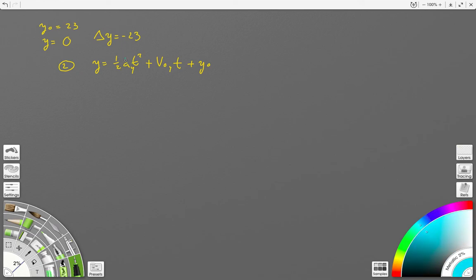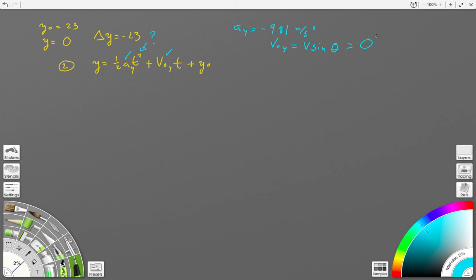We have a in the y direction because we know that ay is equal to minus 9.81 meters per second squared. We don't have t. T is an unknown. V0y, we have it, and this is v sine of theta, but since theta is 0, all of this becomes 0.